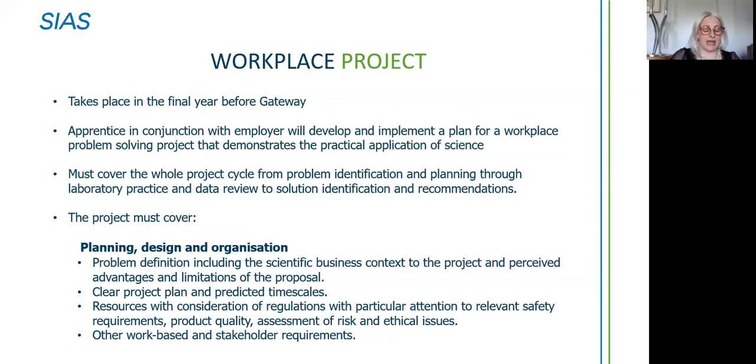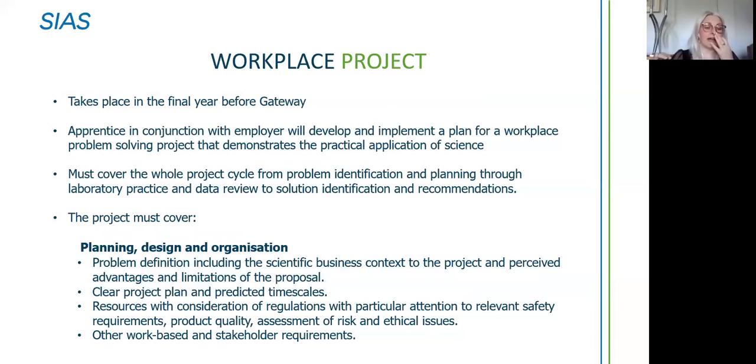And it should be allowing the apprentice to demonstrate some practical application of science, but what it must cover is the whole project cycle, all right? So from the problem identification, right through the planning, doing some laboratory-based experiment, a data review, and then we've got some recommendations at the end, an evaluation and recommendation. So we should get right through the whole project cycle using this project, all right?